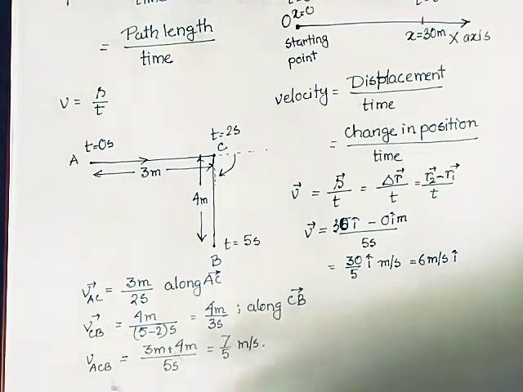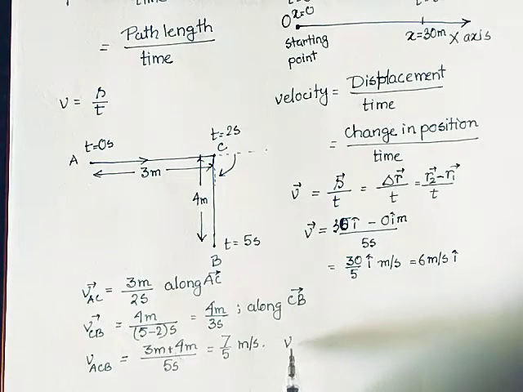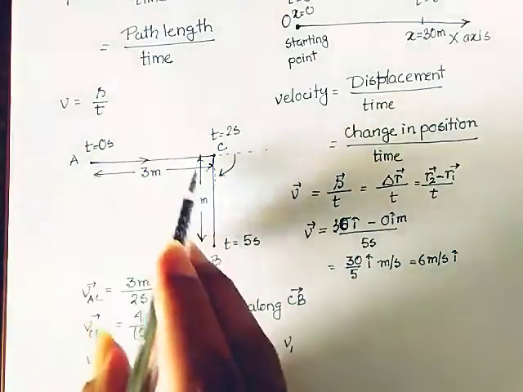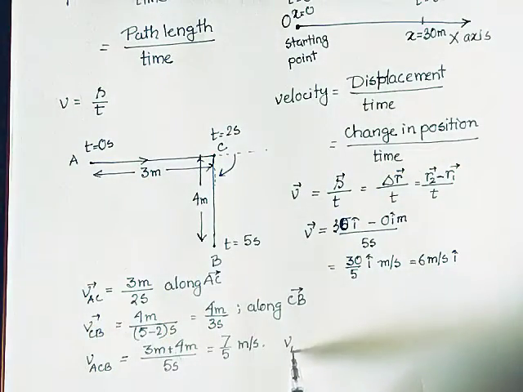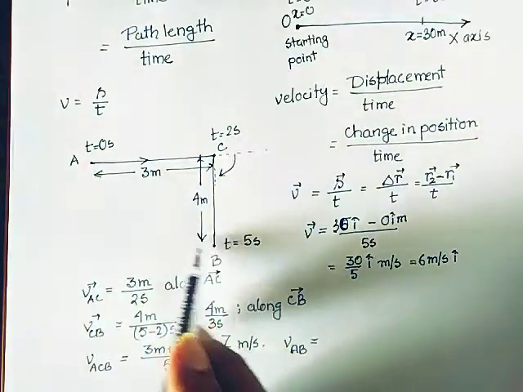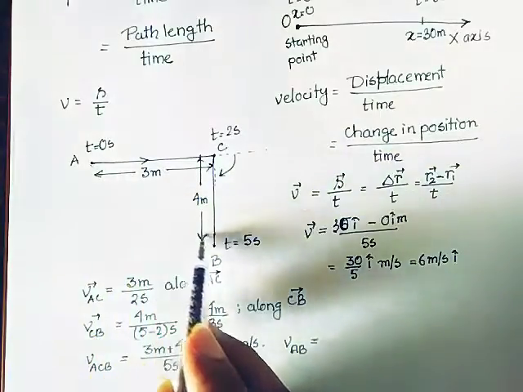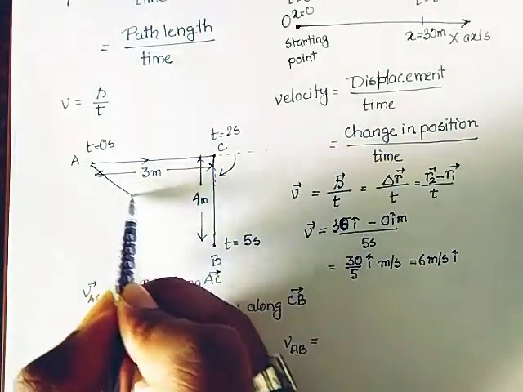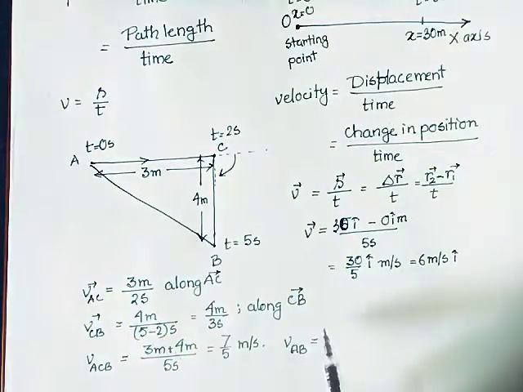But if I want to find out what is the velocity in going from A to B, then what we have to do, this is the initial point, this is the final point, we have to connect these two. If we connect these two, then you get AB.